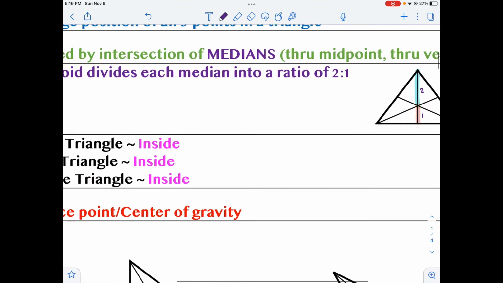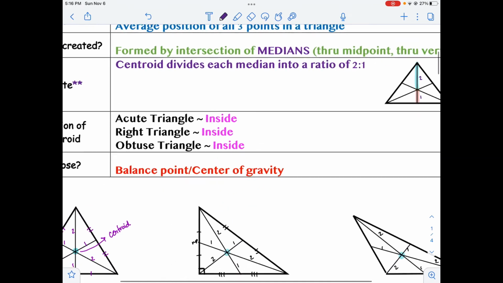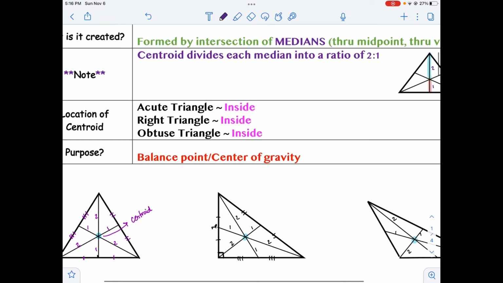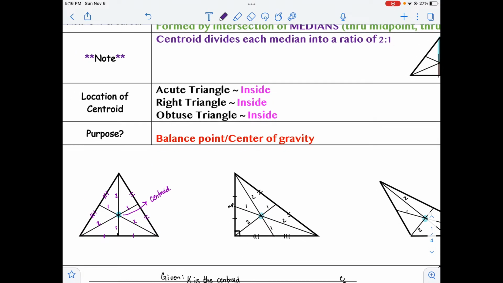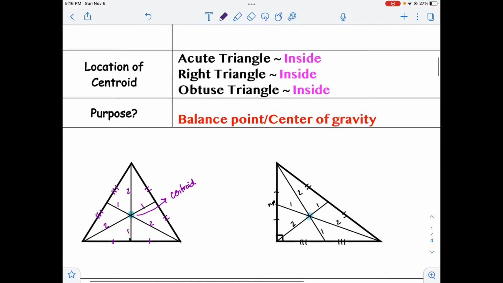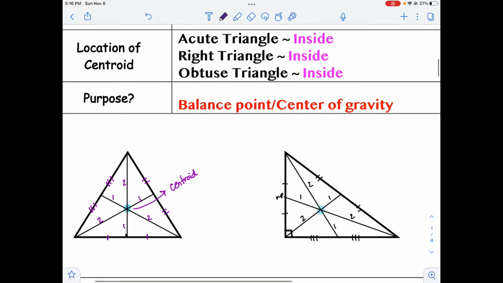When we do centroids, they're always found, no matter what type of triangle you have, inside of the triangle. So we're going to talk about the acute one first. My midpoints are here on each side, which we found by measuring. I measured with a little ruler first to break them up.